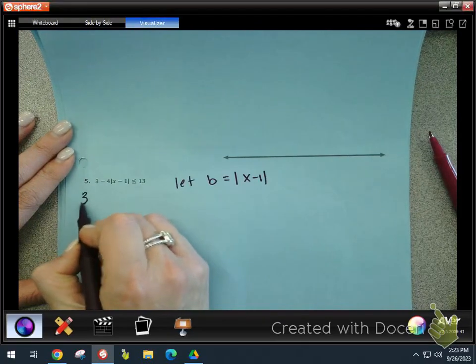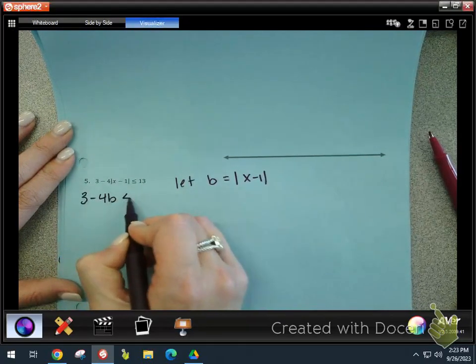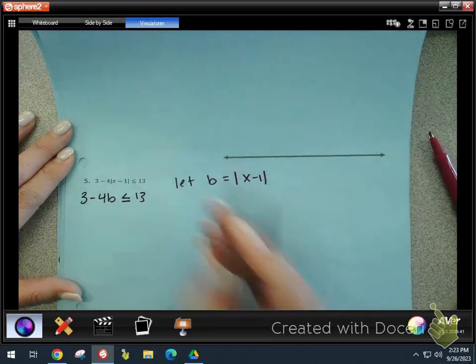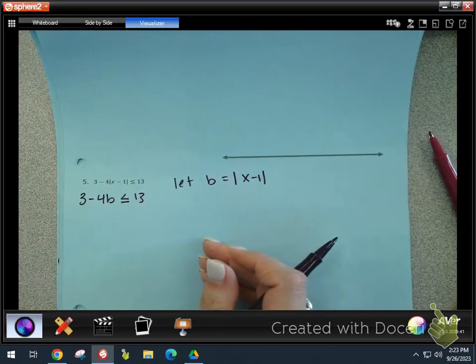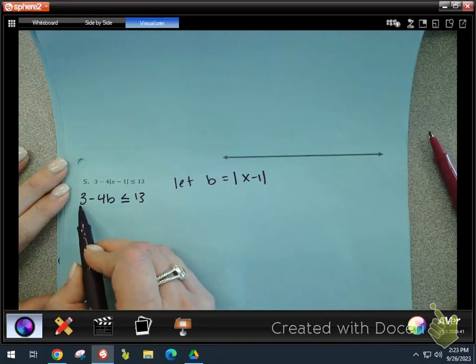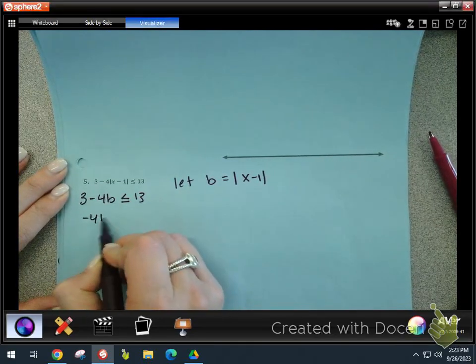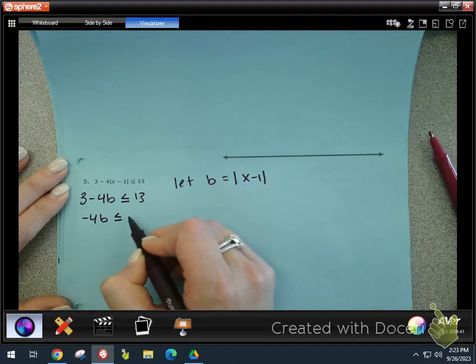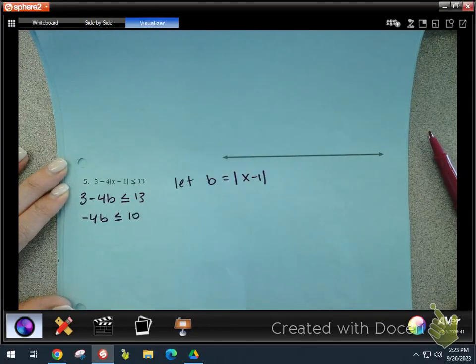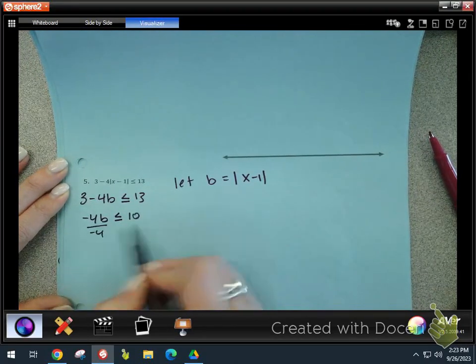And so I have 3 minus 4b less than or equal to 13. I'm not circling and writing less than or greater than yet because it's not by itself. So I've got to get it by itself, okay? Subtract the 3 over. 13 minus 3 is 10. Divide by negative 4.